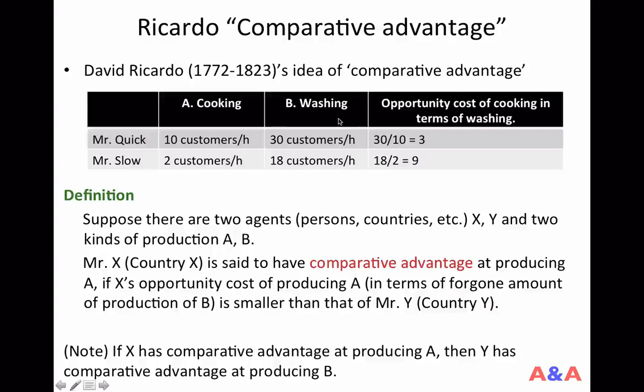For Mr. Slow, the opportunity cost of dishwashing in terms of cooking will be 2 over 18 equal 1 over 9. So the opportunity cost of dishwashing is higher for Mr. Quick. Okay, this opportunity cost is something very personal because we are measuring someone's cost of doing something in terms of the amount of the other work he has to give up.